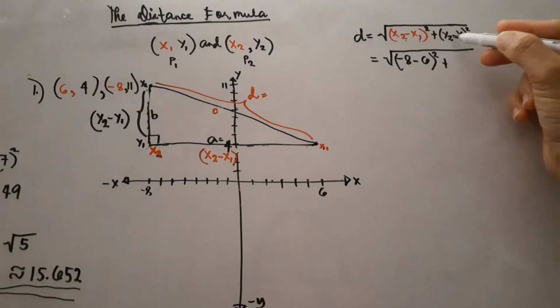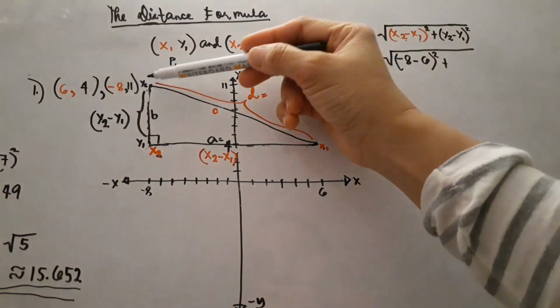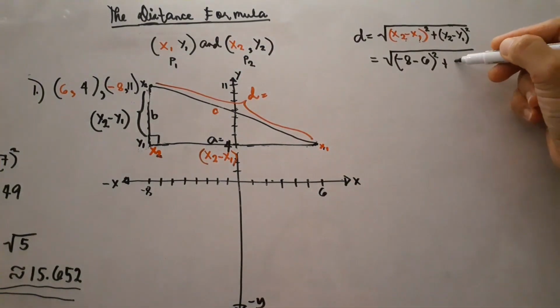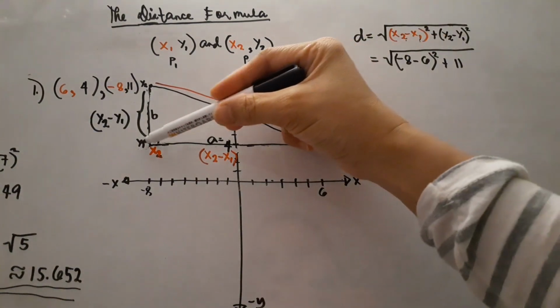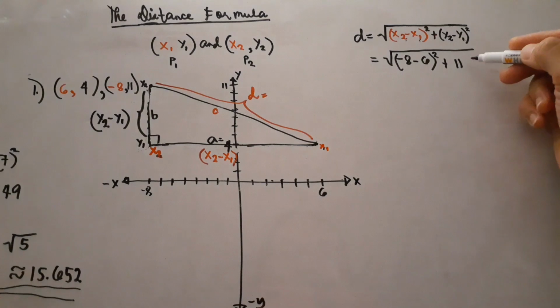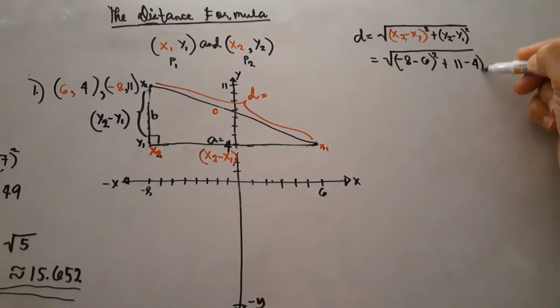Remember to put the square. Then we add y sub 2, which is 11, minus y sub 1, which is 4, and then we square this.